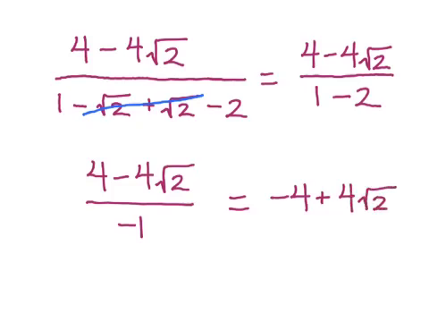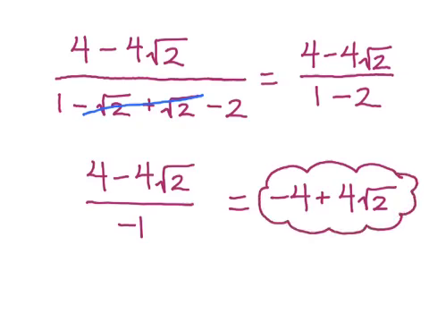It's just dividing each term by negative 1. And that is the rationalized form. In this instance, since our denominator turned out to be 1, we can write it without the denominator, but the important part is, you notice no square roots in the bottom, and that's what we absolutely want to be sure of.